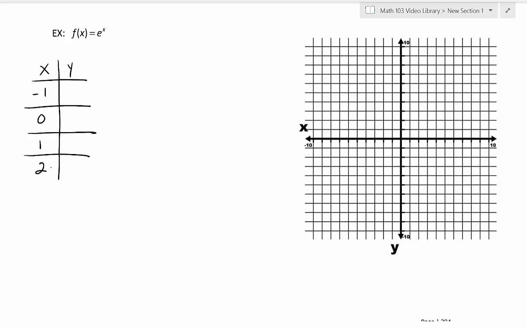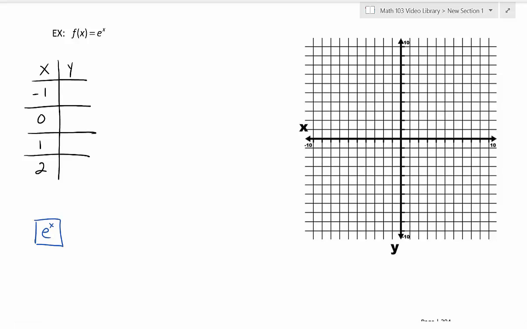Now, this is not one that we're going to be able to just do in our head. We definitely need our calculator for this. So you're going to be looking on your calculator for a button that says e to the x. Some calculators you have to put the x value in first and then the e to the x, and then other calculators you put the e to the x in first and then put in the exponent.